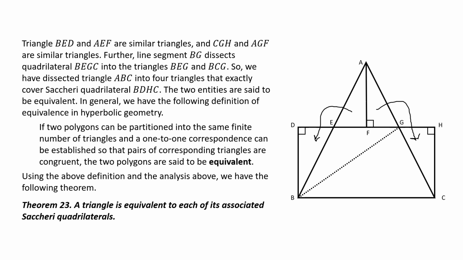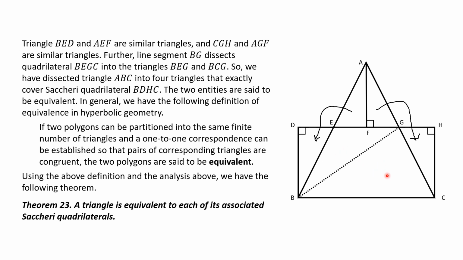And so what we have is the triangle ABC consisting of four smaller triangles: AEF, AFG, and then BGE and BCG. And those four triangles are congruent to four triangles in our Saccheri quadrilateral. This to this is an overlap, so they share exactly the same.